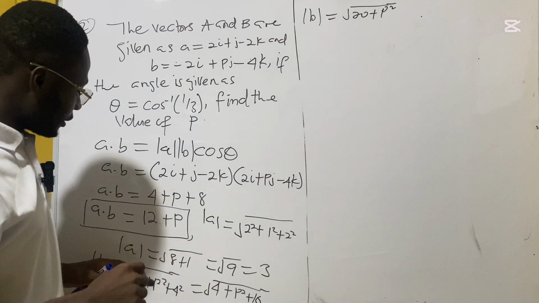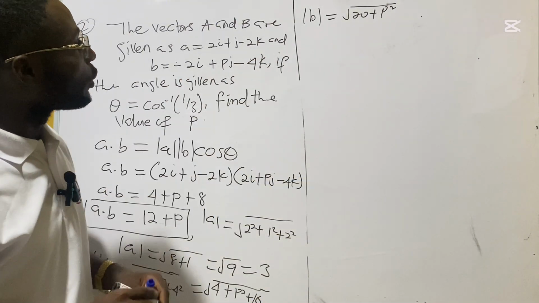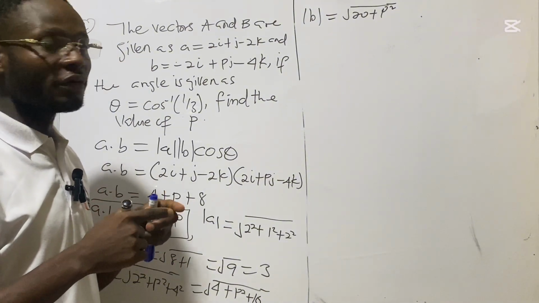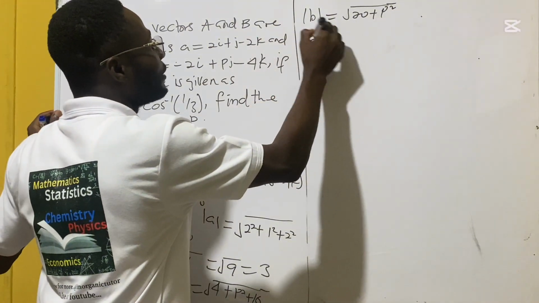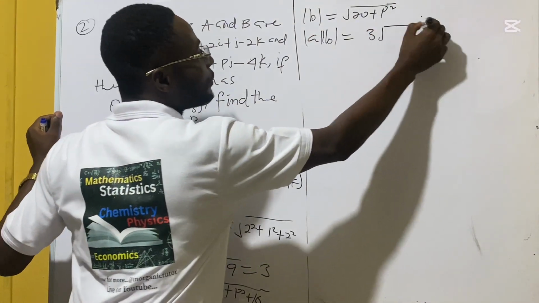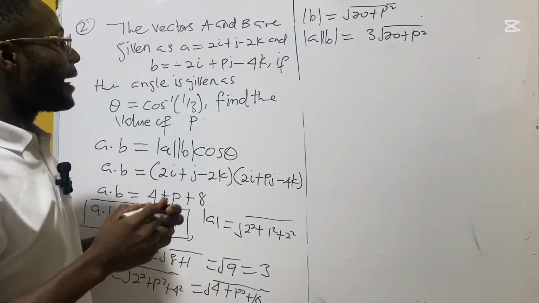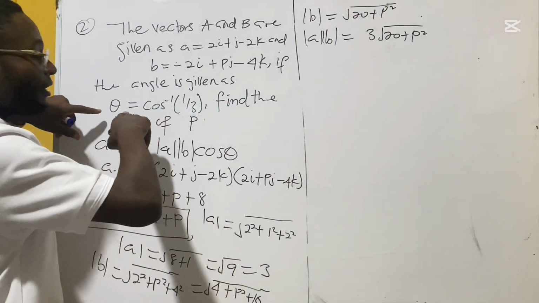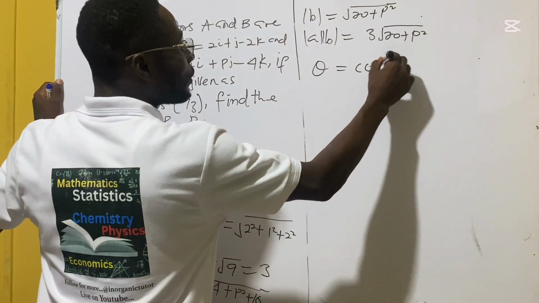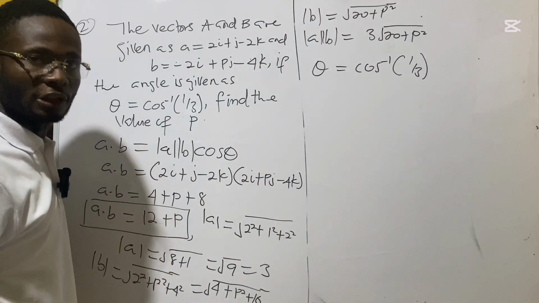So we have the magnitude of a, we have the magnitude of b, right? So here, when we multiply the magnitude of a and the magnitude of b, then we are going to have 3 square root of 20 plus p squared, right? Now, we have been given theta to be equal to cos inverse of 1 on 3. Great.